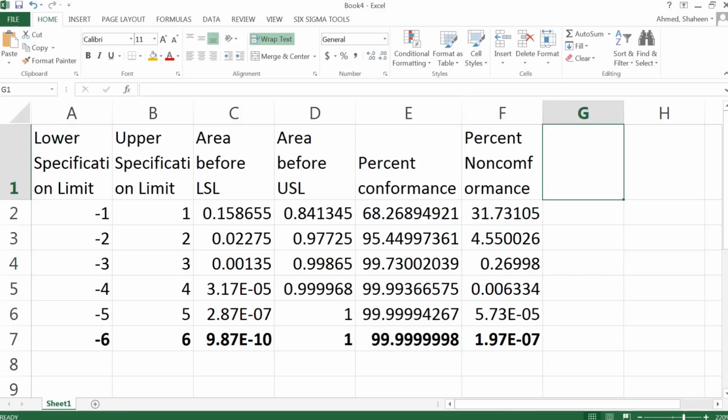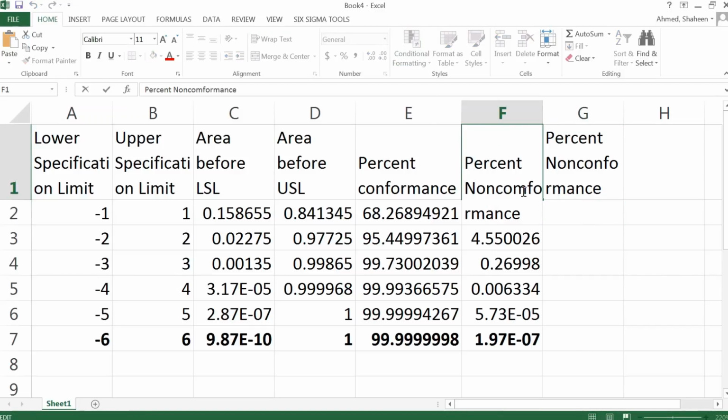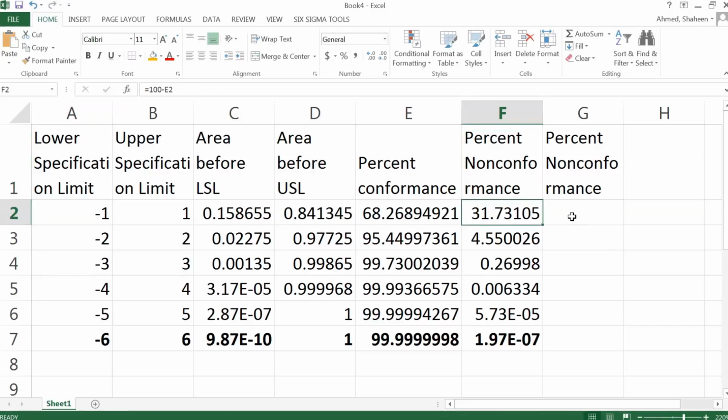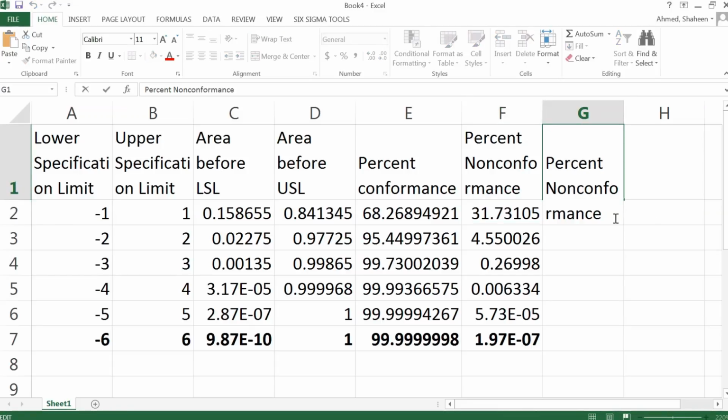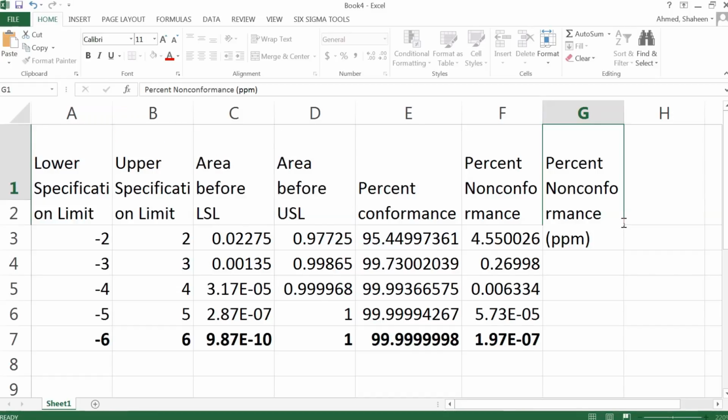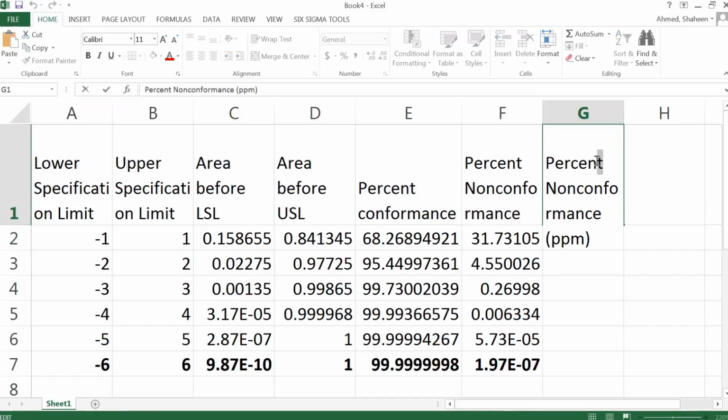So typically this percent non-conformance is expressed, typo here, in parts per million. So non-conformance per million.